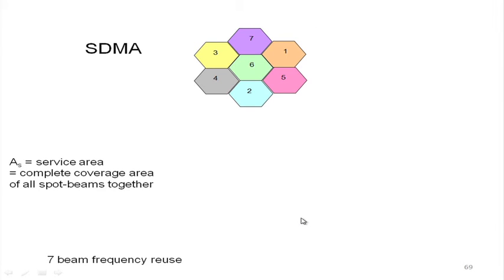Now let's go into another multiple access, which is space division multiple access, SDMA. Let's say there is a multiple beam satellite, a satellite which has multiple beams, just like our cellular network. This concept is simply a cellular network. I have shown a 7 beam concept, like a 7 cell concept, with hexagonal cells here.